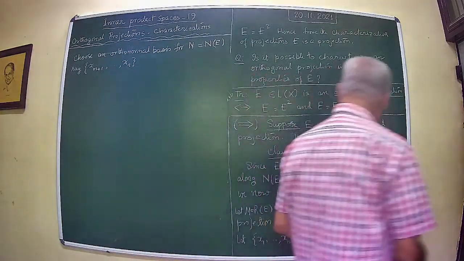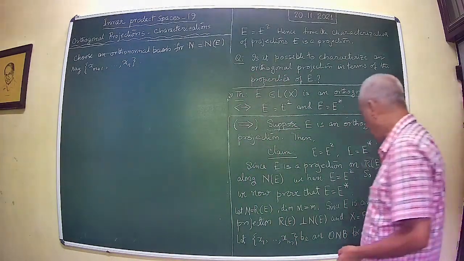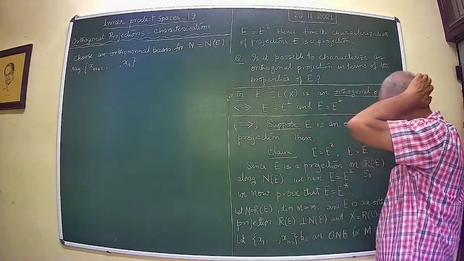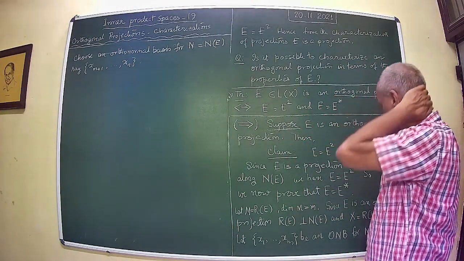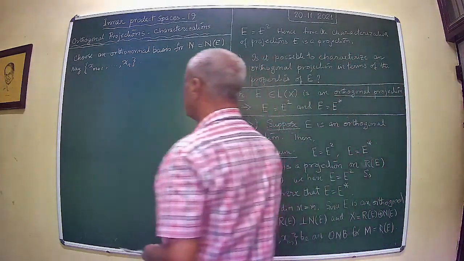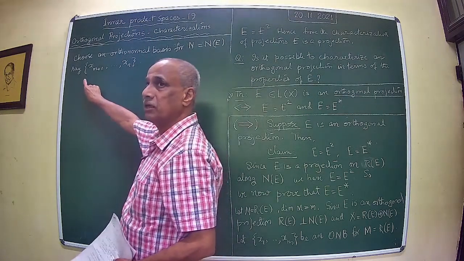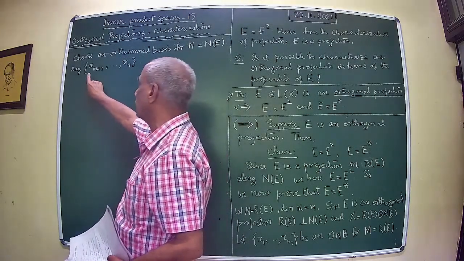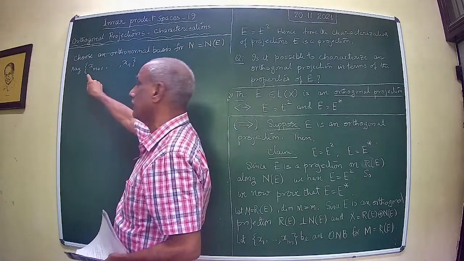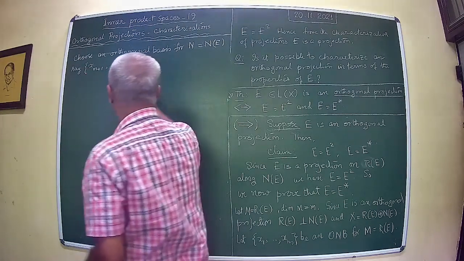You know that the dimension of the complementary subspace of M is n minus m. Therefore, let us designate the orthonormal basis that we choose for N as xm plus 1 etc. xn.